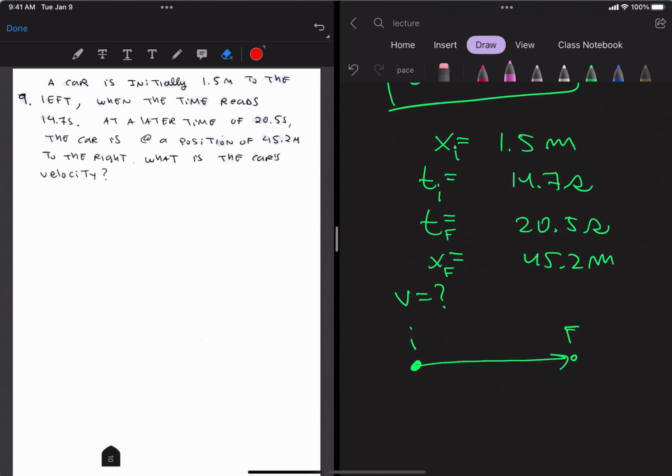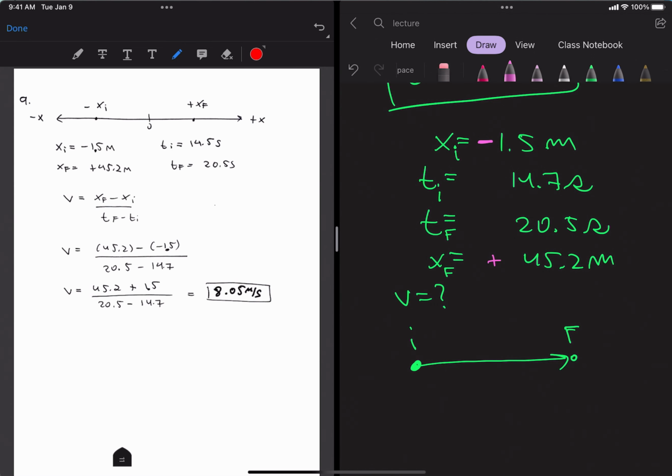It says 1.5 to the left, so that means x initial is negative, and 45.2 meters to the right, so this one is positive. So now we're ready to plug in. The equation is going to be velocity equals final position minus initial position over final time minus initial time.